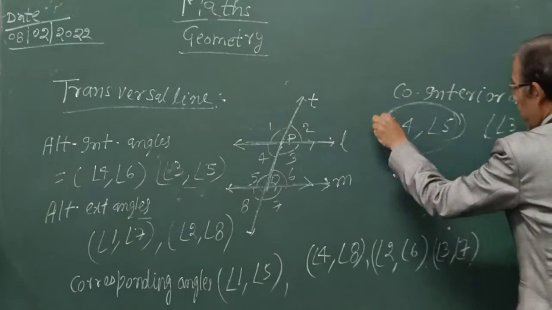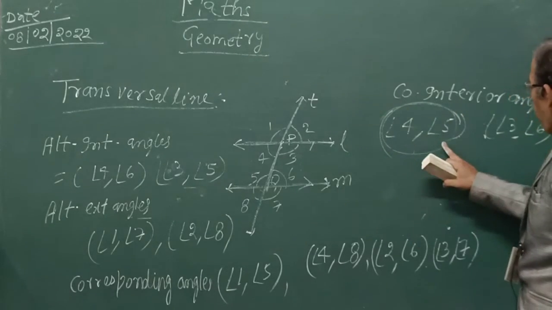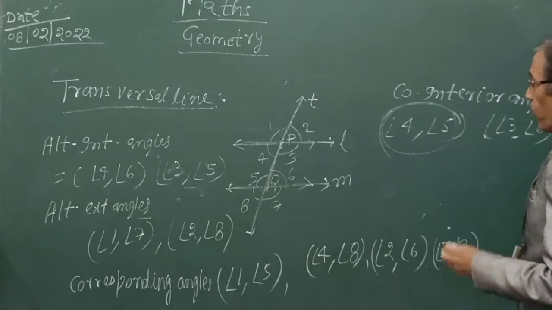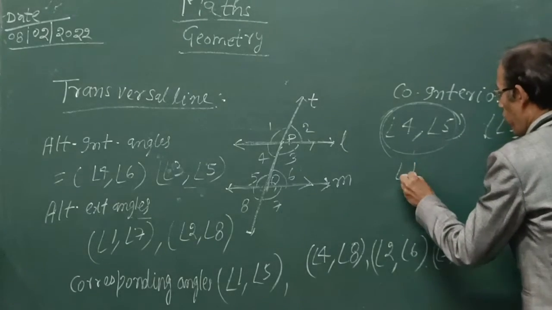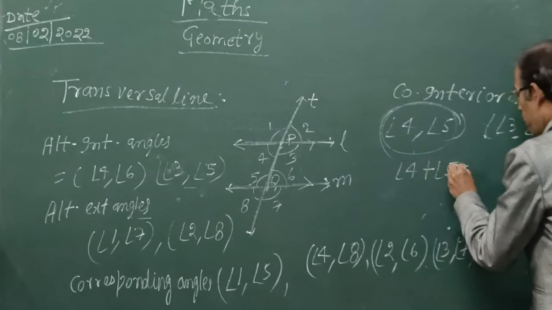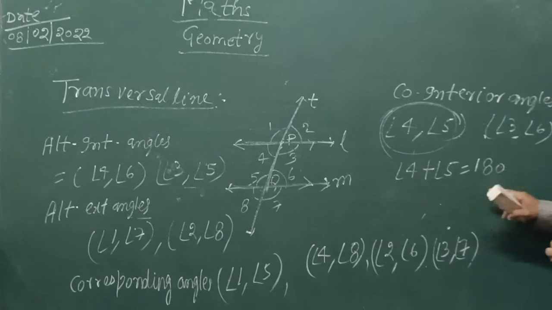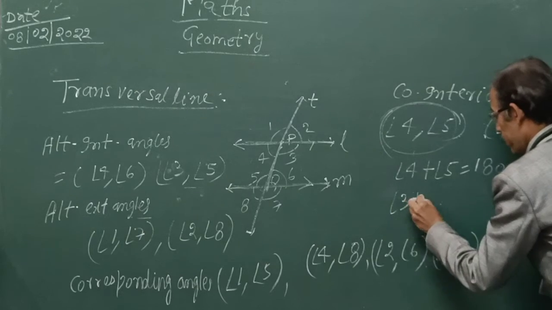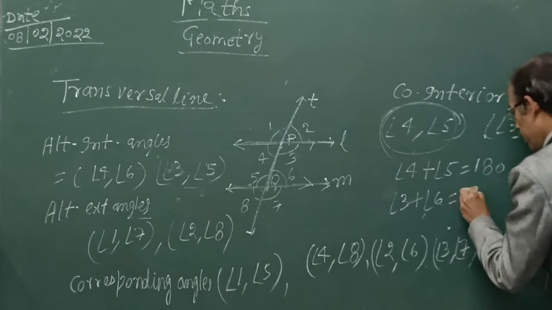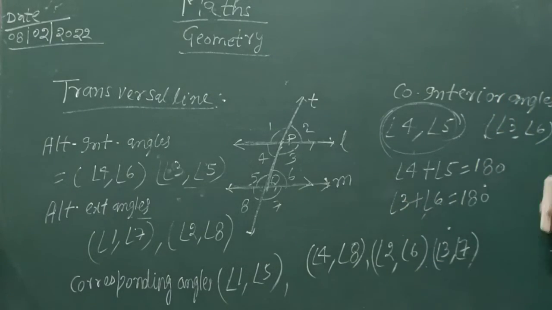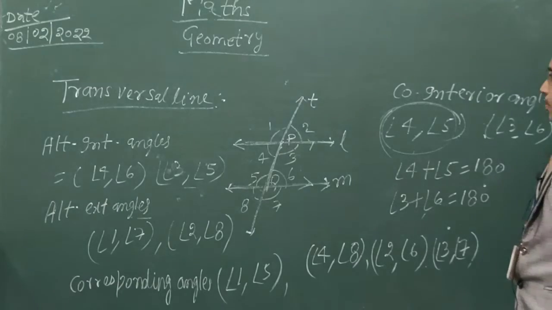The sum of a pair of co-interior angles will be supplementary, which means angle 4 plus angle 5 is equal to 180 and angle 3 plus angle 6 is equal to 180.